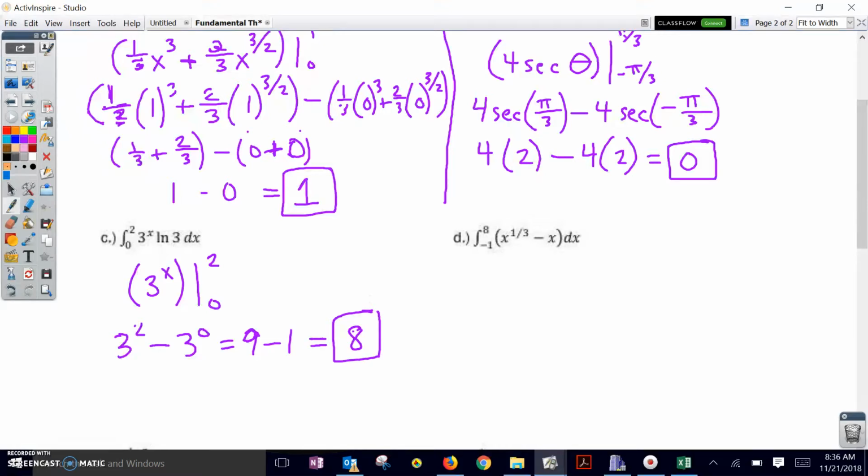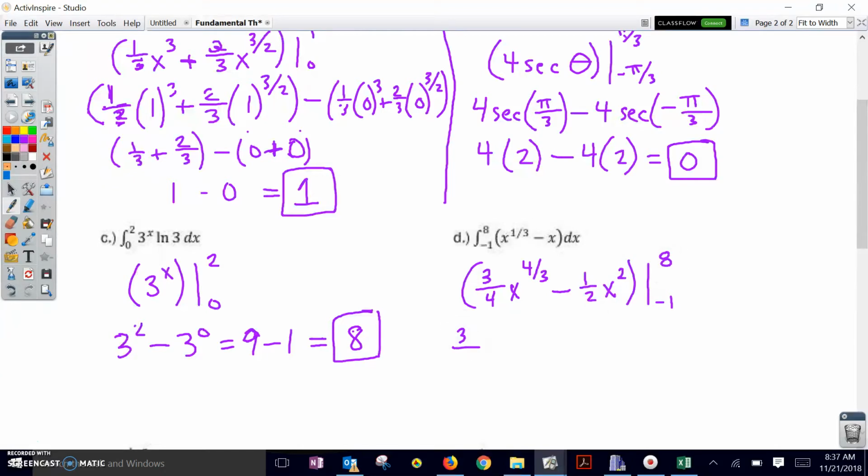Alright, part D. Find the antiderivative. The antiderivative of x to the 1/3 is going to be 3/4 x to the 4/3. And the antiderivative of minus x is going to be minus 1/2 x squared. And we're going to evaluate that from -1 to 8.